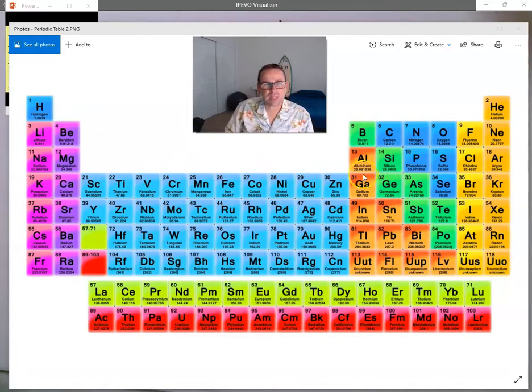So the left side of the periodic table is our metals, whereas the right side is our non-metals. There is one exception on the far left, which is hydrogen. Hydrogen is also a non-metal.